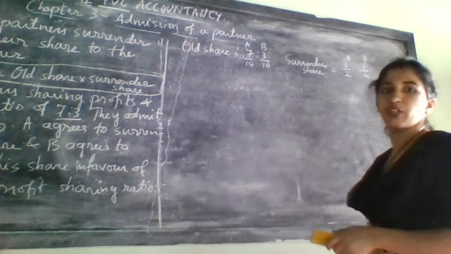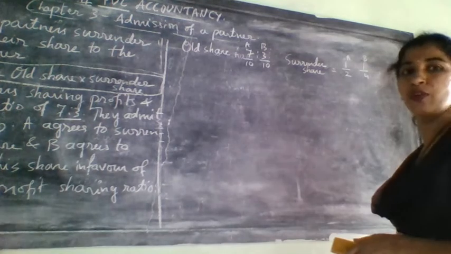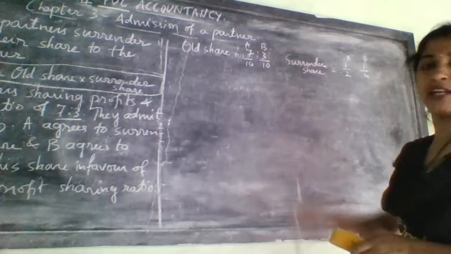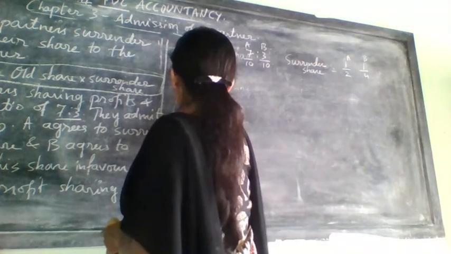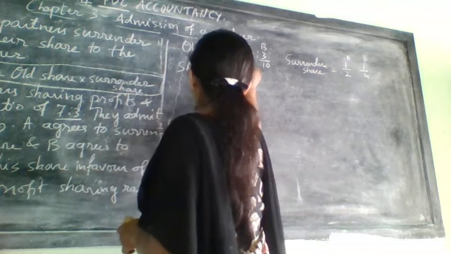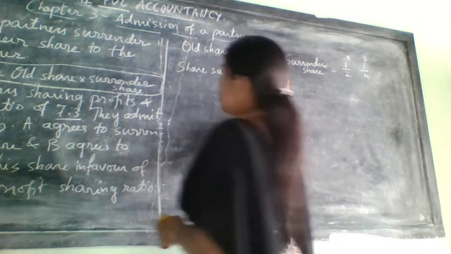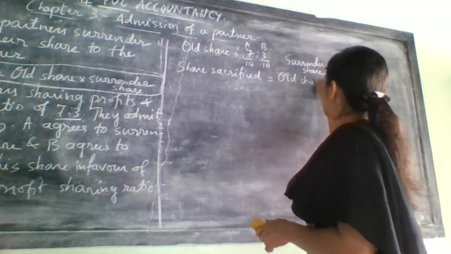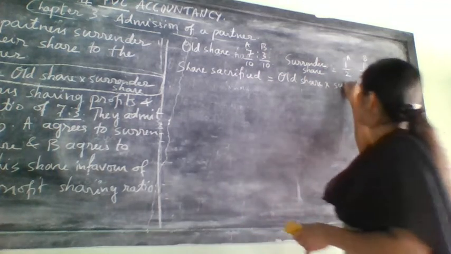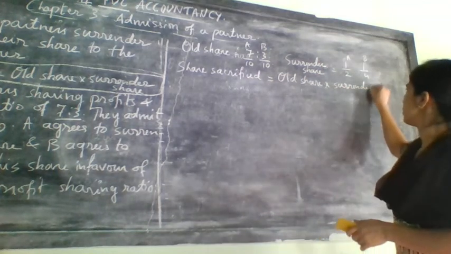First, what do we need to find out? We need to find out the share sacrificed. So write the formula: share sacrificed is equal to old share into surrender share.